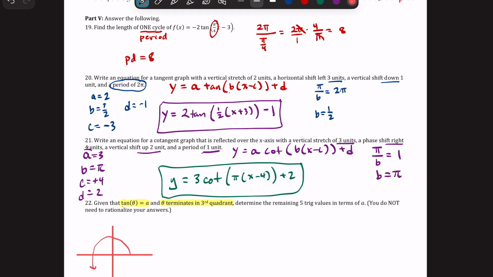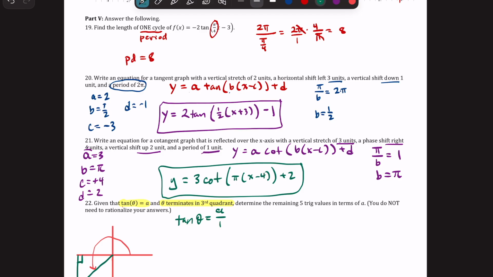So this whole thing is theta, and it terminates there, and it makes the right triangle here. So it's in the third quadrant, and tangent is A. So I've got tangent of theta is equal to A over 1, because it's just A.